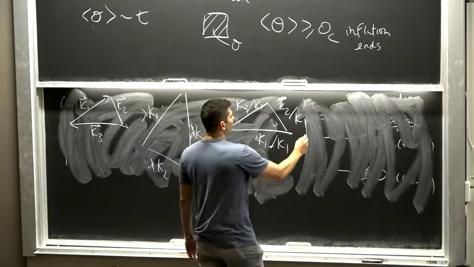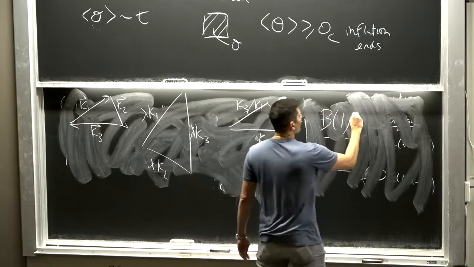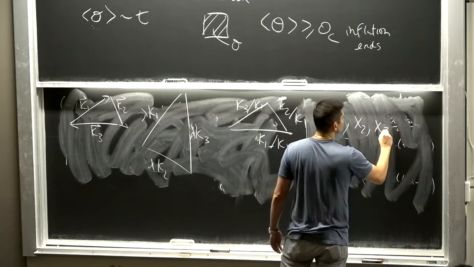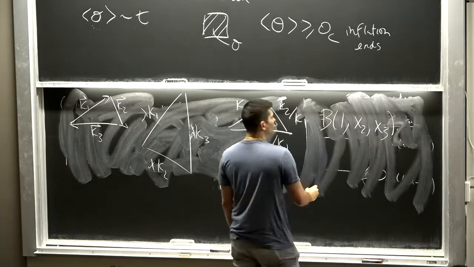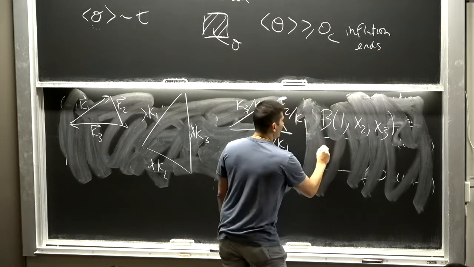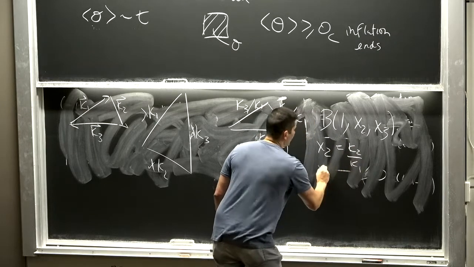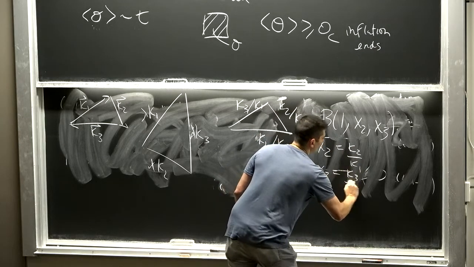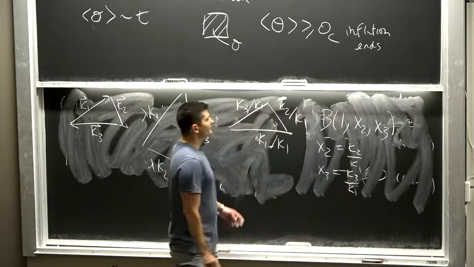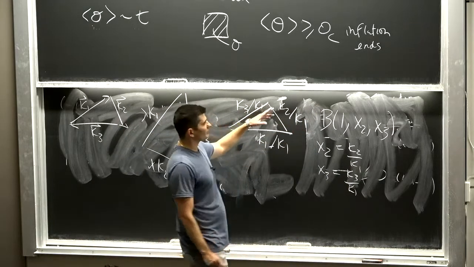And then I can make this function b equal to what I'll call a function of these two variables, where x2 is this ratio and x3 is the other ratio. OK, so all of the dynamical information about b is encoded in how it depends on the cross ratios.